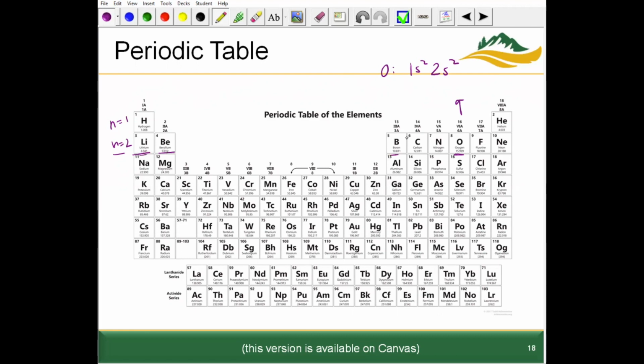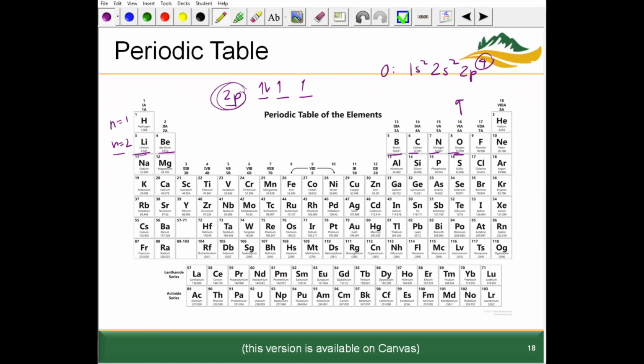Then we go on into the p block. We're going to have 4 electrons to fill in the p block. The 2p subshell can hold 6 electrons in total for the 3 different p orbitals, px, py, pz. Those 4 electrons then will be placed in as 1, 2, 3, 4.